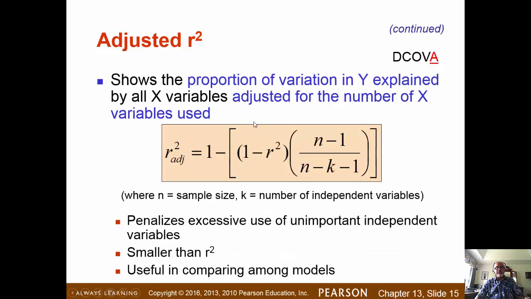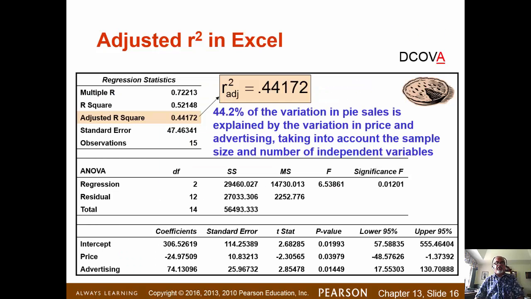Adjusted R squared, calculated with this formula, takes into account both the loss of the degrees of freedom, which is the disadvantage, and the benefit of adding a new variable in terms of explanatory power. If adjusted R squared increases, then that is a good thing. That's why we compute adjusted R squared. So here is adjusted R squared from the Excel output.